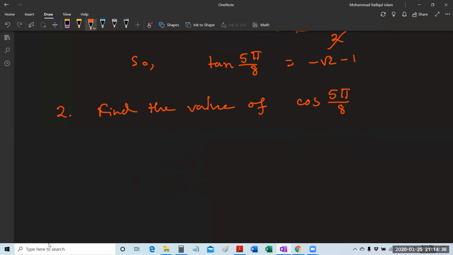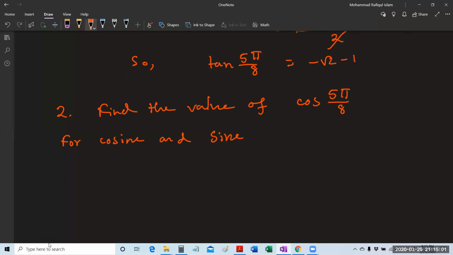So for cosine and sine function, we need to think about the plus minus sign.